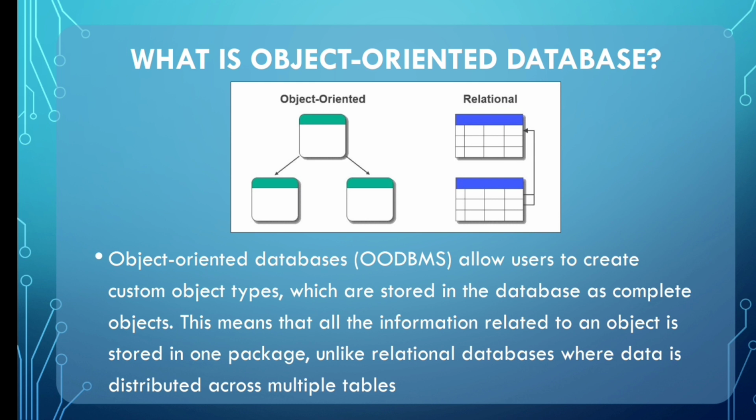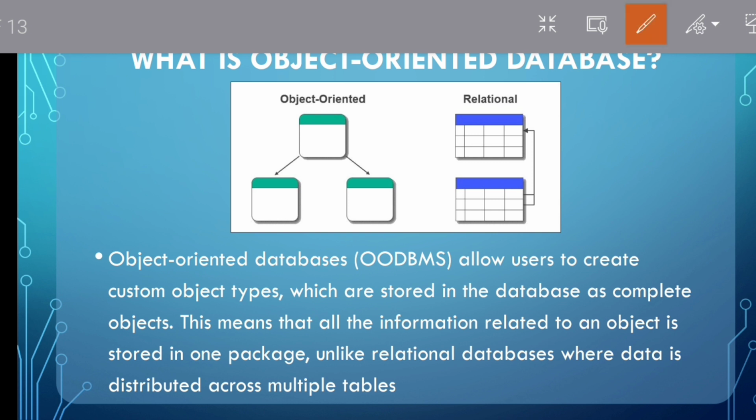Unlike relational database where data is distributed across multiple tables. As you can see here, the image. So that's the object oriented. Iisang kung ano lang yung kailangan natin. Bali, etong isang box na sa object oriented, that is our class. Then sa loob niya is our attribute. So ayan yung mga data na ini-store natin.